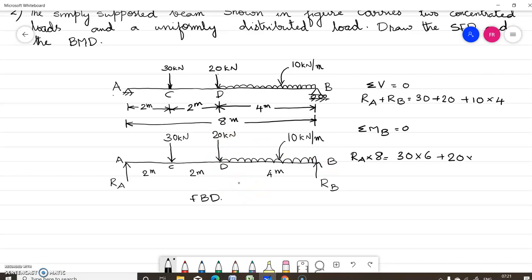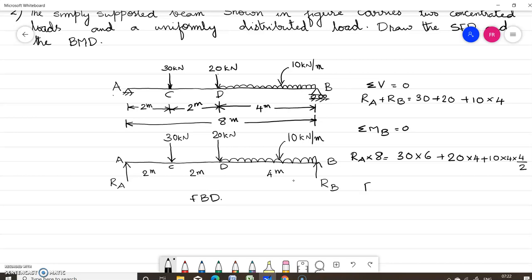So plus 20 into 4. Now this 10 kN per meter acting for 4 meter length is trying to rotate this member about B in the anticlockwise direction. So this is plus 10 into 4 into 4 by 2.